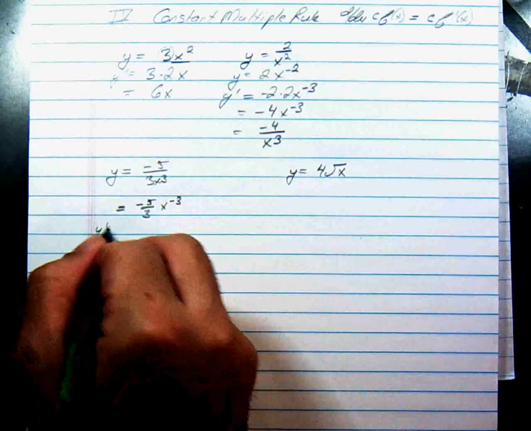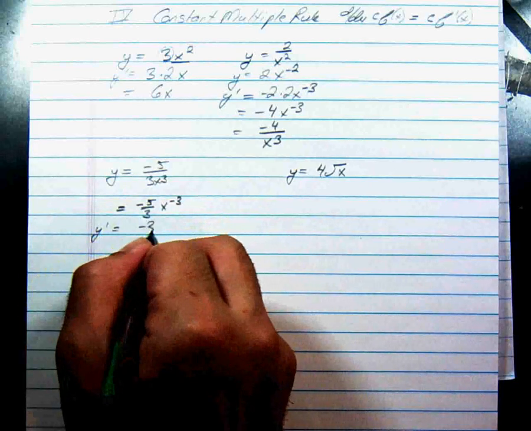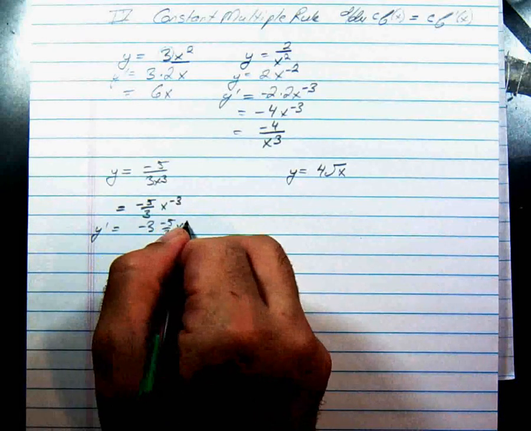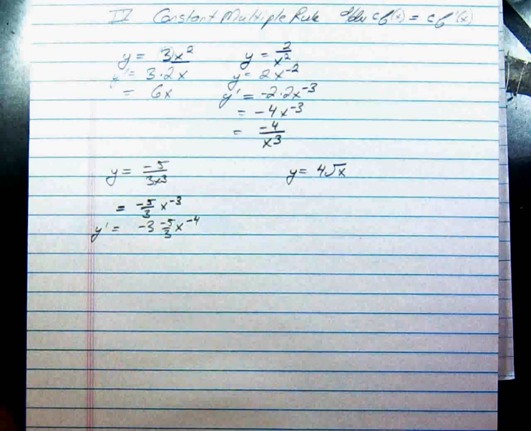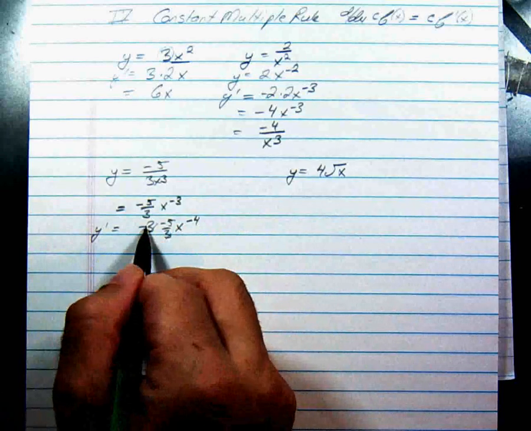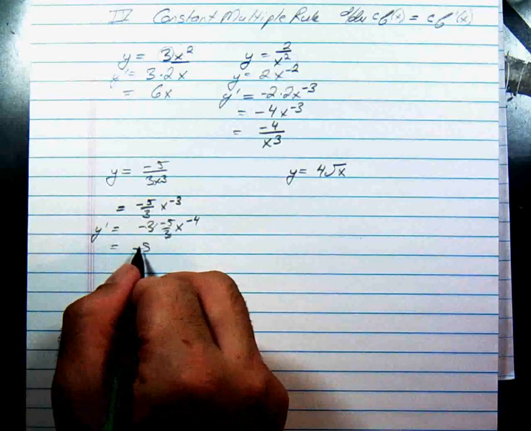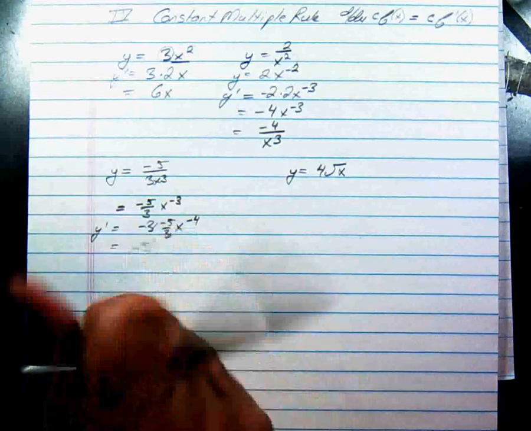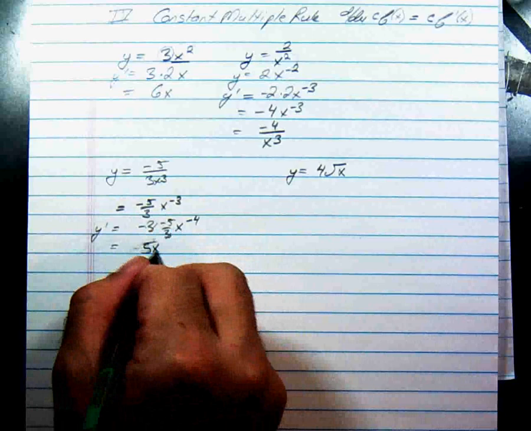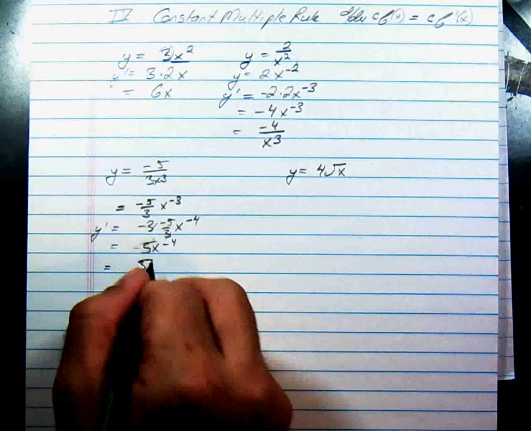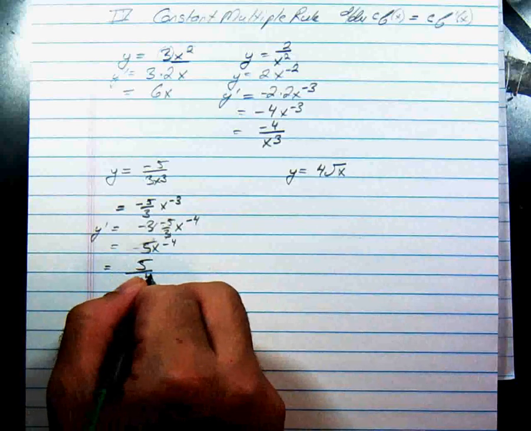We're going to have y prime is equal to negative 3 times negative 5/3 x subtract 1, negative 4. Well, the 3's cancel. The negatives times the negatives are positive. So what we have is positive 5x to the negative 4. And putting it back the way we found it, 5 over x to the 4th.